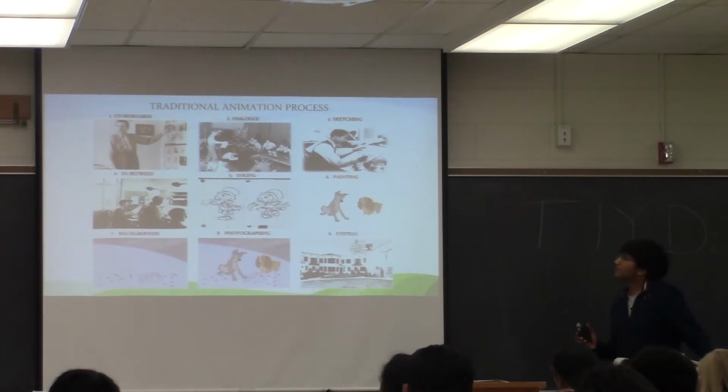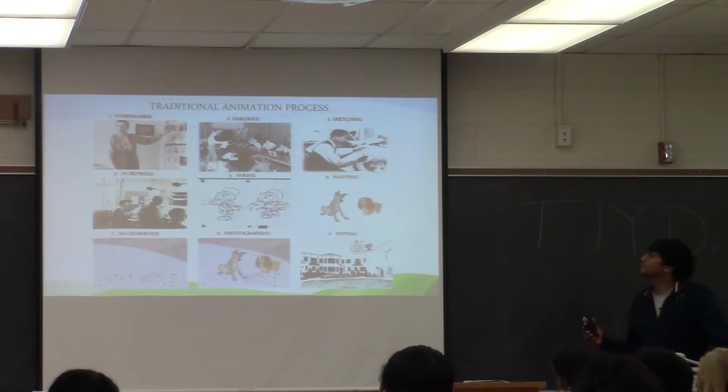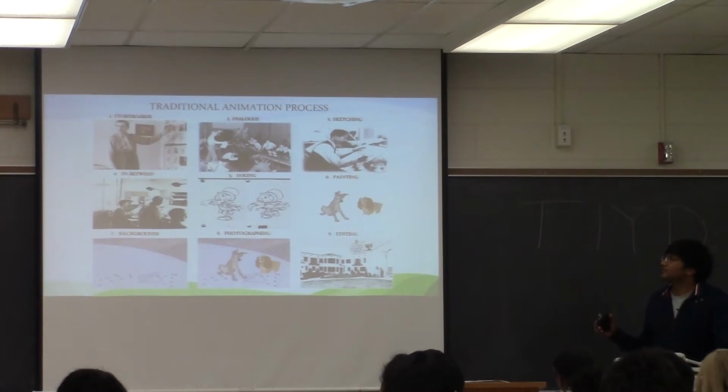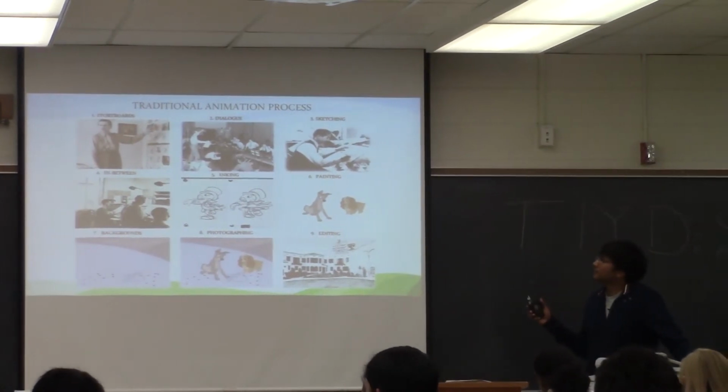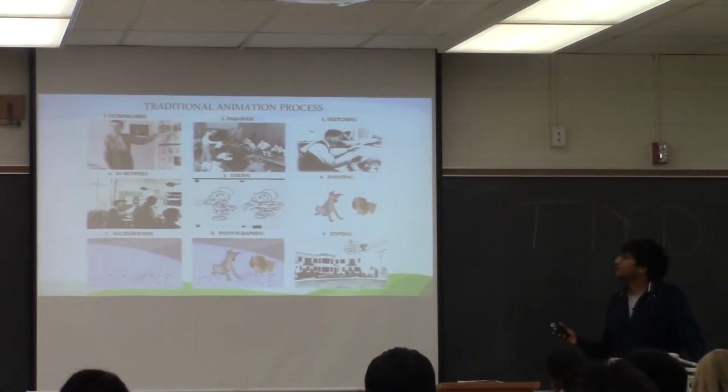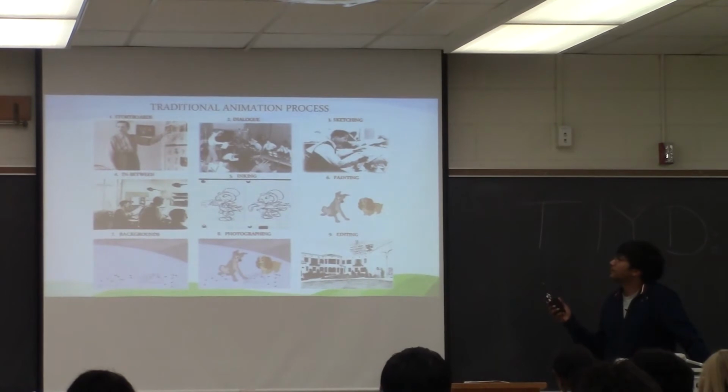The first step is storyboard, like making the blueprint of the comics, and the second is dialogues, and the third one is sketching. Sketching mainly includes making models of the animation figures, and fourth is in-betweening and making out any differences in the animations, and inking includes making colors to these figures.